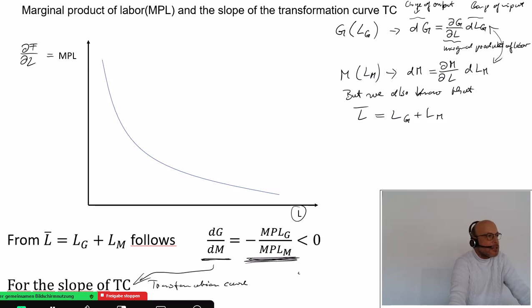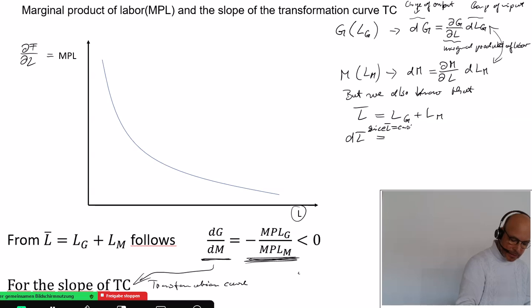And then just formally, of course, we know if 20 people change from one sector to the other, the reduction of one sector is the increase of the other sector. So the change of the total labor amount, this we have assumed to be fixed since L bar is constant, has to be zero.